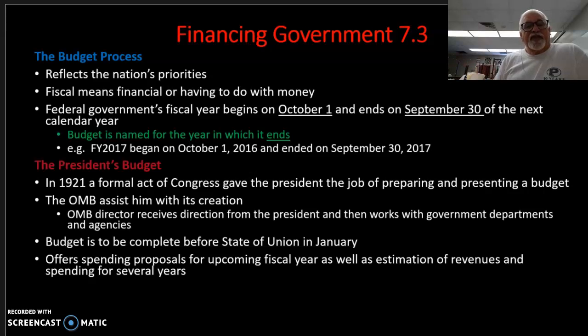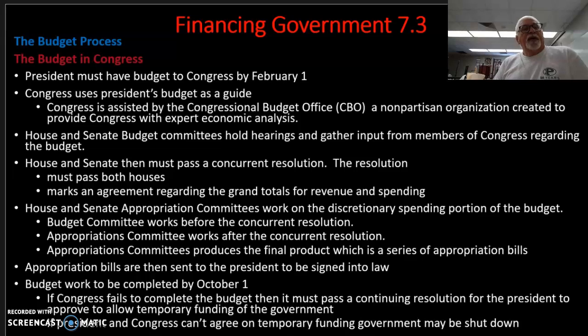They crunch numbers, and then the budget is to be completed before the State of the Union in January for the upcoming year. It offers spending proposals for the upcoming fiscal year, as well as estimates of revenues and spending for several years down the road.